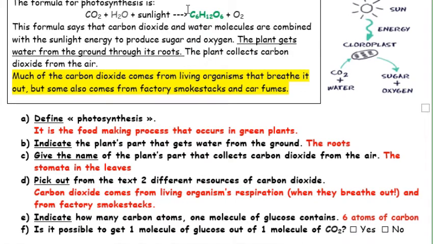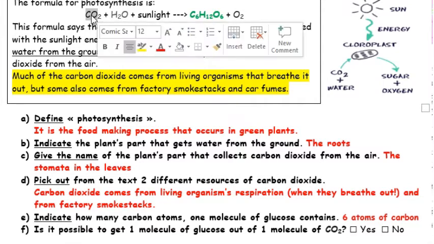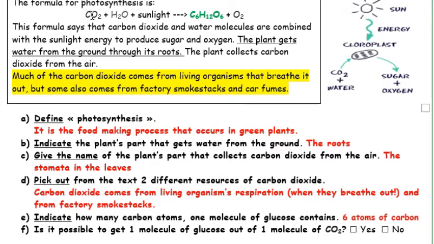Can we get this using one molecule of carbon dioxide? No. Actually, we need 6 of these because we need 6 C's, 6 carbon atoms. 1, 2, 3, 4, 5, 6 molecules of carbon dioxide.